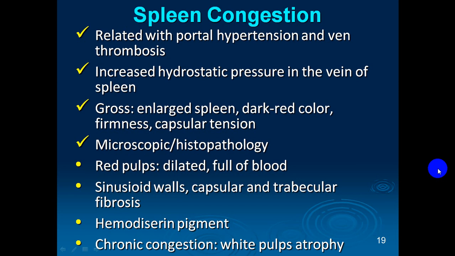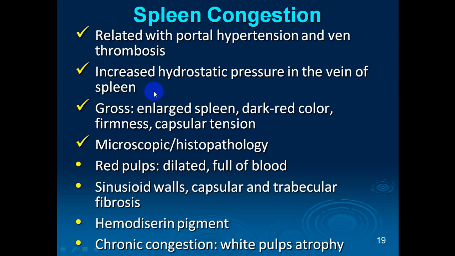It means that the blood from the spleen cannot flow easily, okay? Because the spleen and liver have a spatial connection through the blood vessels. Or it can also happen due to vein thrombosis. It means that there is a blood clot that blocks the blood flow inside the veins.